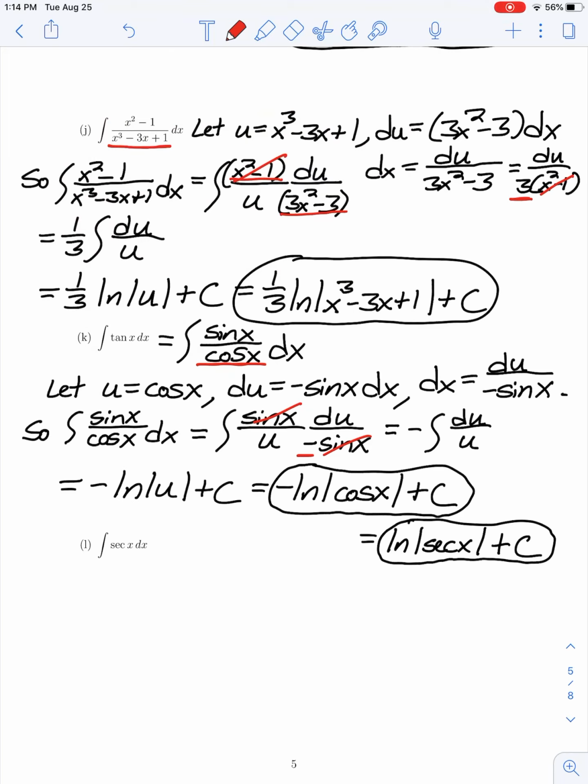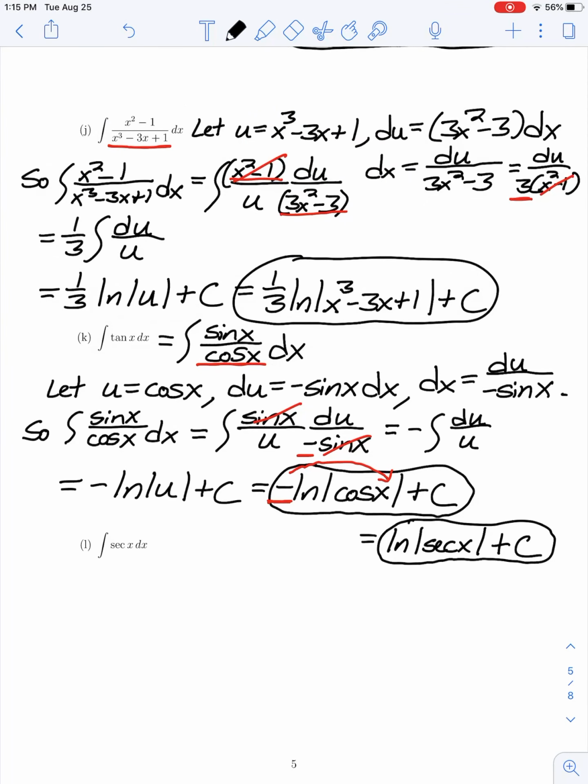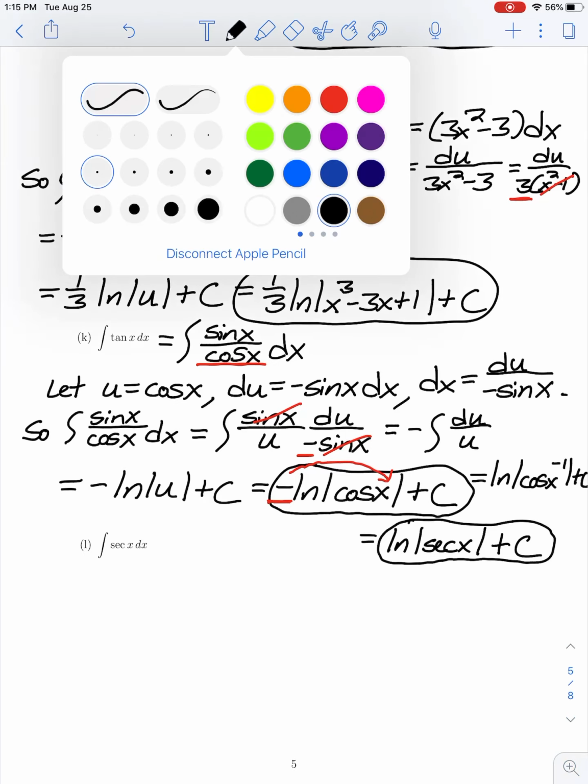So here, recall that if you have a constant in front of a logarithm, like this constant -1, you can bring that constant inside the logarithm as a power. So in other words, when we had the negative natural log of cosine x, that's the same as the natural log of cosine x to the -1 power, but raising a function to the negative first power is the same as taking its inverse.